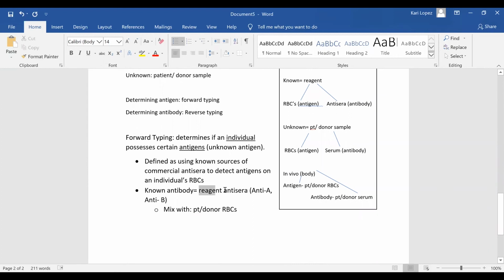So we're going to take reagent anti-sera. And I just remind myself every time I read or write reagent anti-sera: clear or colored. And every time I think about patient or donor red blood cells, I think about them being red.